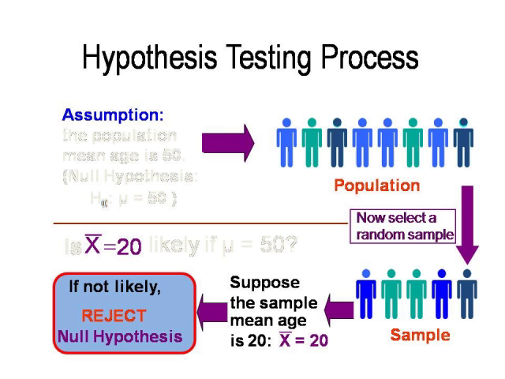And so when we come along and take our sample as evidence and work out our sample mean and find, say, that it's 20, well, what really are the odds of getting a sample mean of 20 if the true population mean is 50? Is that likely or unlikely?